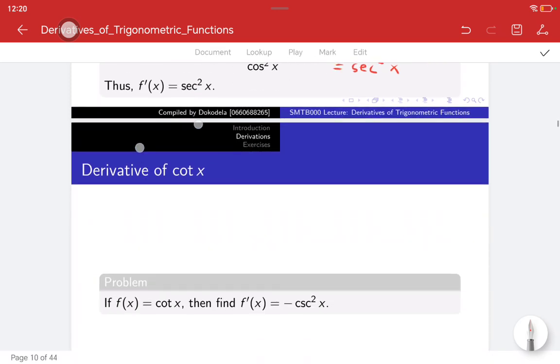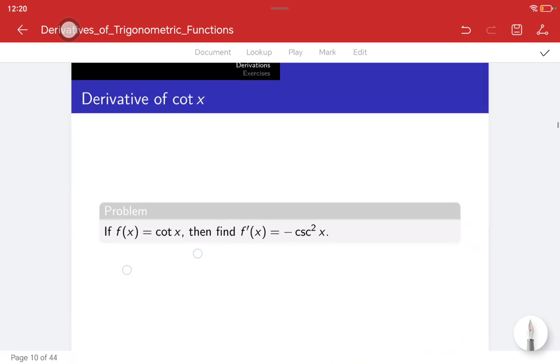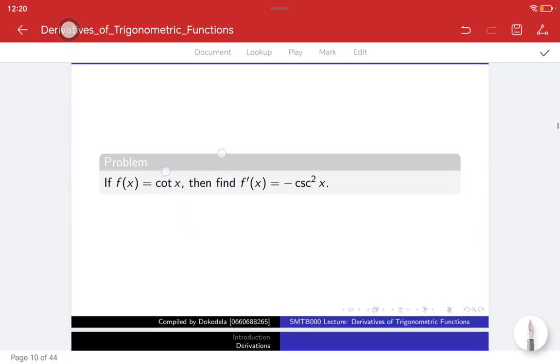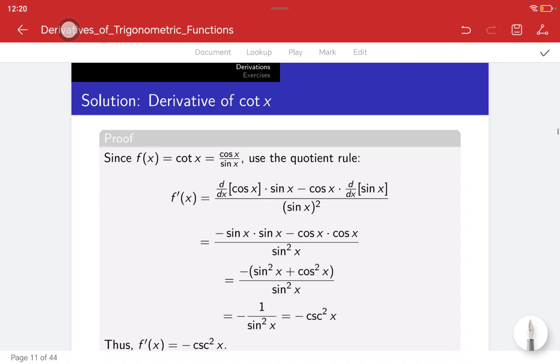So now if we come to the next, they say we must derive cot x. If we are deriving cot x, we can also use quotient rule, because we know that cot x is the same as cos x over sin x. It's just the inverse of tan x. So now since cot x is equal to cos x over sin x, we can use quotient rule, as I said.